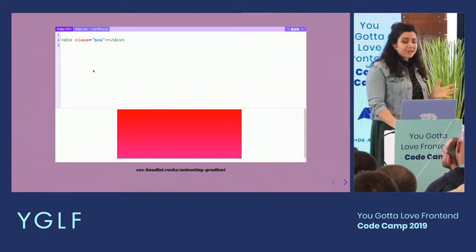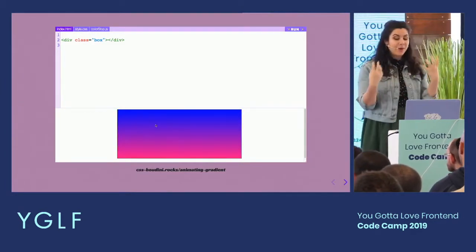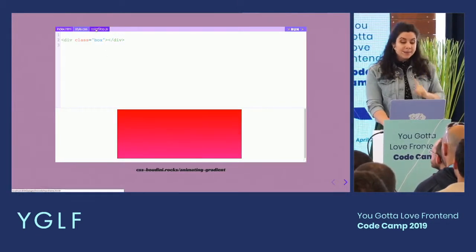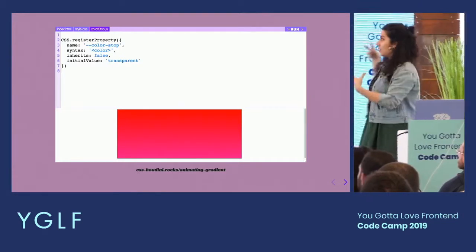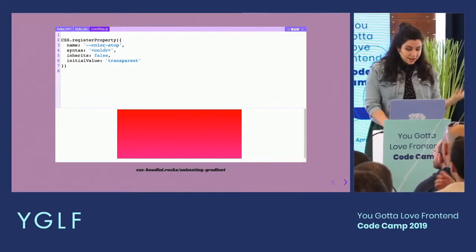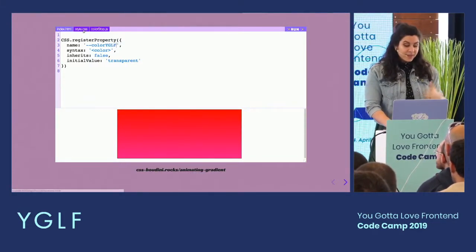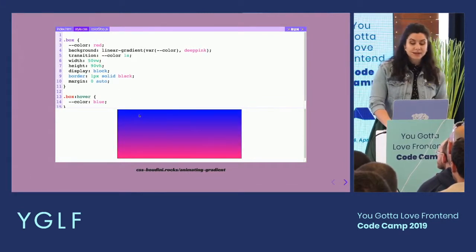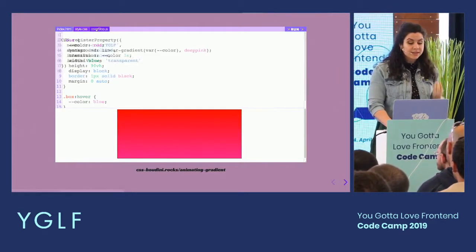So let's go back to that example of this animating gradient. This, again, is not currently possible, but what we can do to make it possible is register a property. Here I've created a property called color stop. I could call it anything, like color YGLF. And then in my style, what I'm trying to do here is transition that color, but it's not understanding what I'm trying to do because there's no syntax to it.